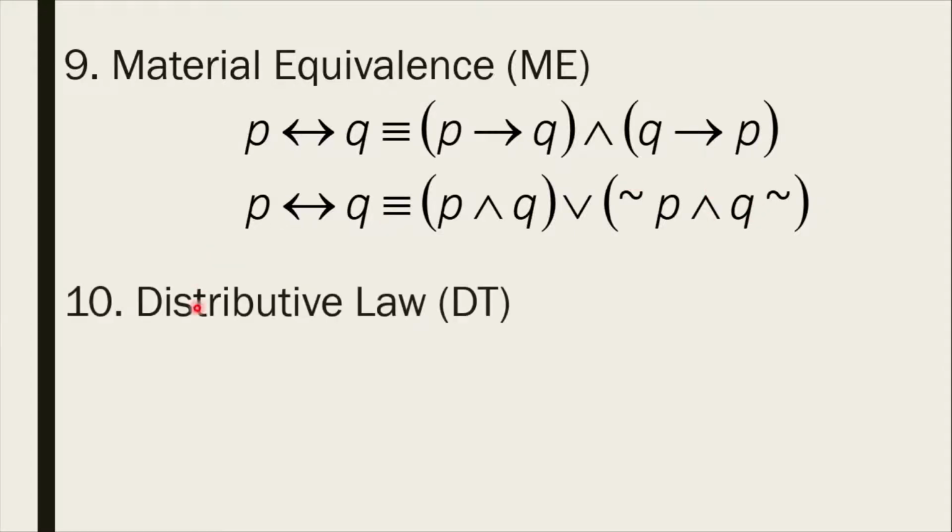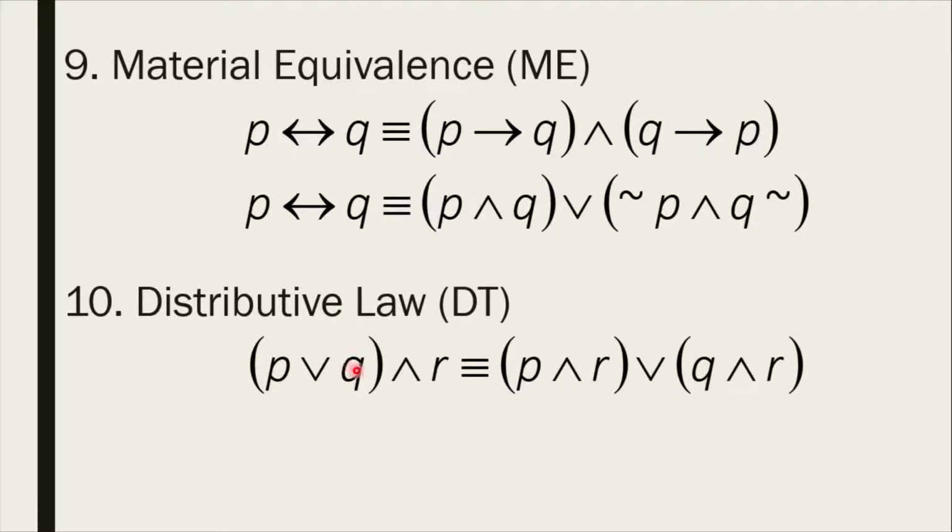Lastly, we have the distributive law, or the DT, and this law states that a conjunction of a statement with a disjunction of two other statements is equivalent to the disjunction of conjunctions.